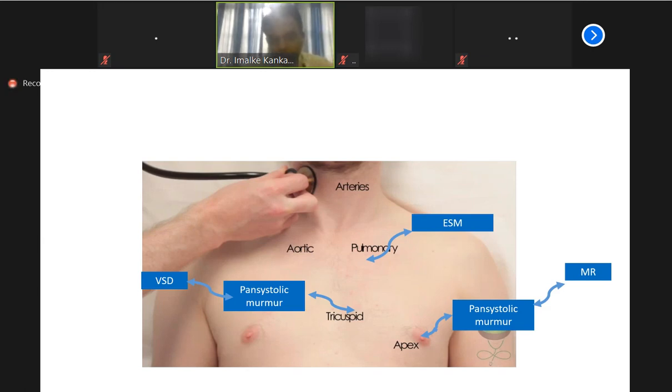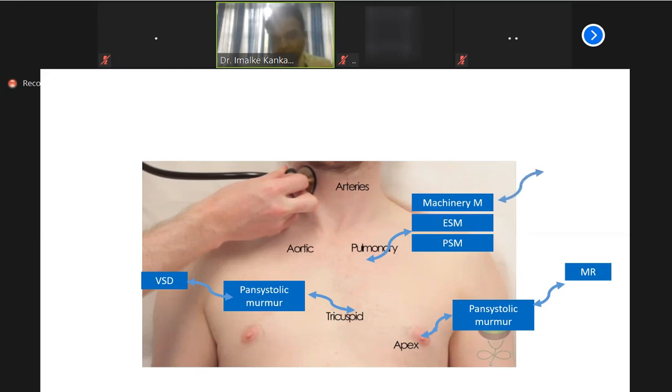If you hear a murmur on the pulmonary area, that will be an ejection systolic murmur most of the time, or a machinery murmur, or very rarely a pansystolic murmur towards the lower end of the pulmonary area. I'll tell you the differential diagnosis.